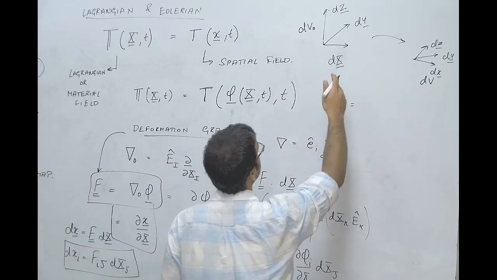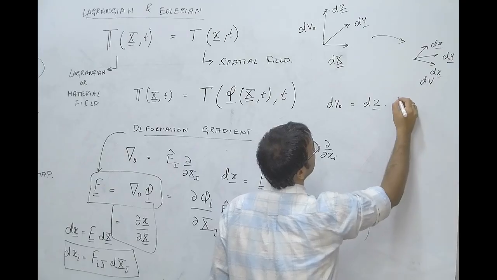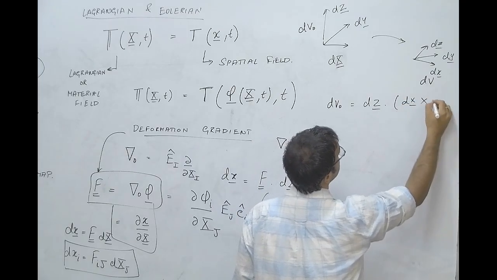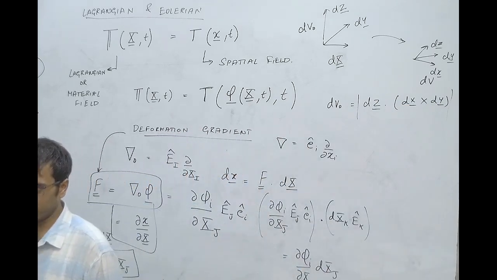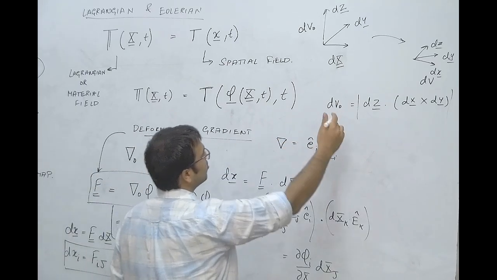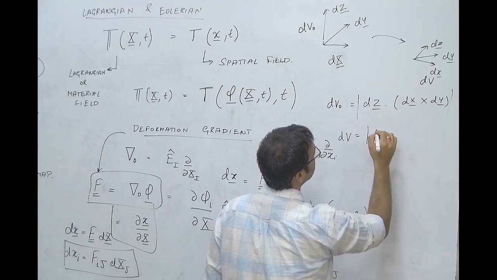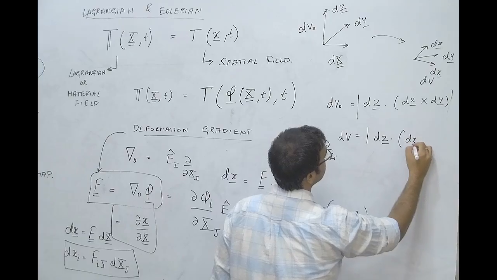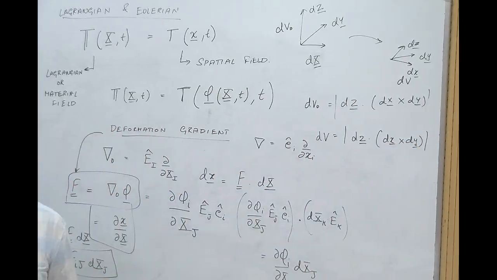So you will say that it is equal to dz dot dx cross dy, and let us put a mod just in case. That is what our volume is going to be. Similarly, the volume in the deformed configuration is going to be small dz dot dx cross dy, like this.